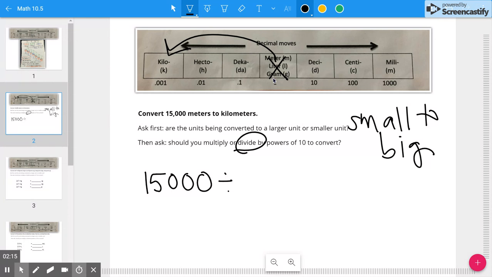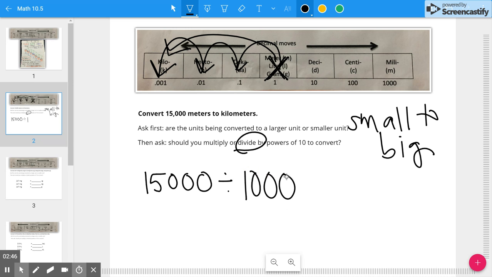When we're doing powers of 10, I could put a 10 with an exponent, or I can put a 1 with some zeros at the end of it. So I'm going to put my 1, and now I need to figure out how many zeros to put. I'm going to start at the meter, put my X here, and go 1 place value, 2 place values, 3 place values. So I had to move 3 times to get to kilo. So I'm going to add 3 zeros.